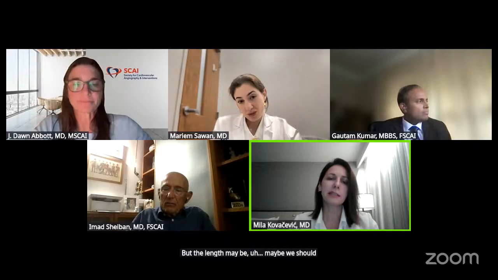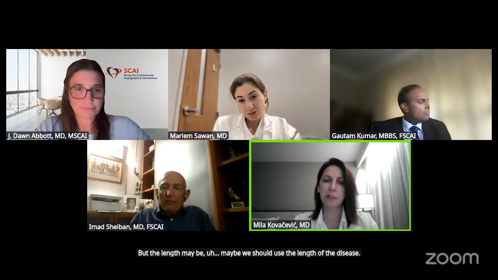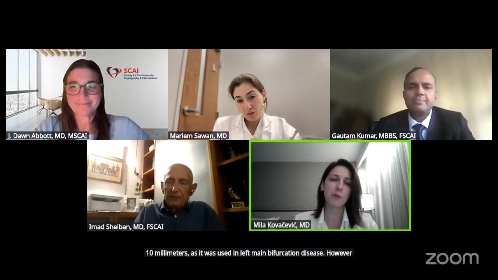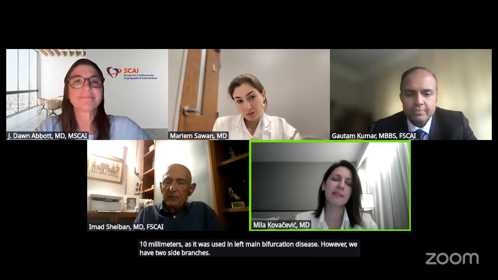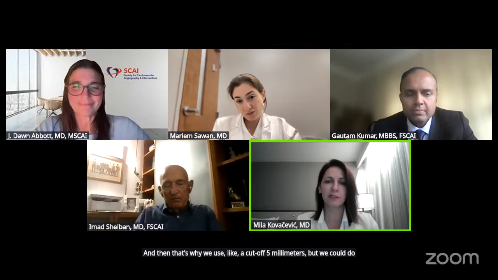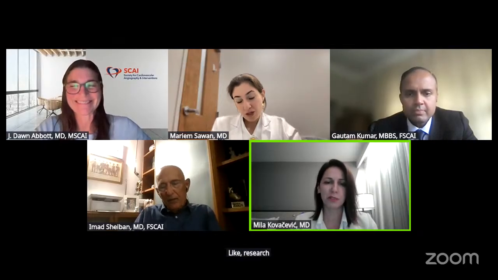But the length, maybe we should use the length of the disease 10 millimeters as it was used in left main bifurcation disease. However, we have 2 side branches, and that's why we use a cutoff of 5 millimeters. But we could do another research to understand more. Yeah, maybe if you get a bigger sample size. Yes, this is a small sample.